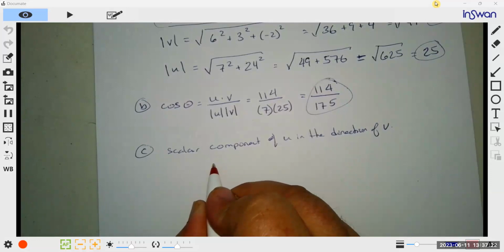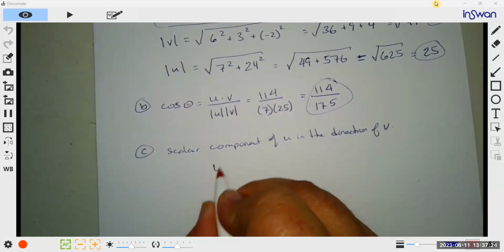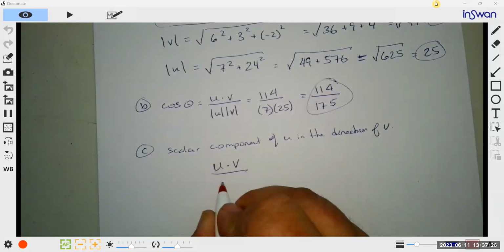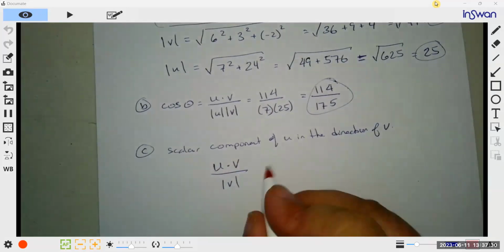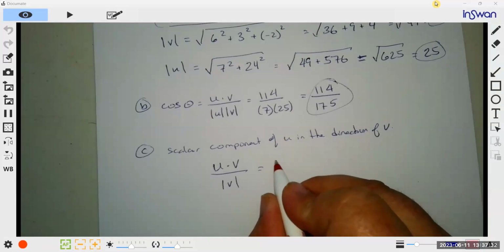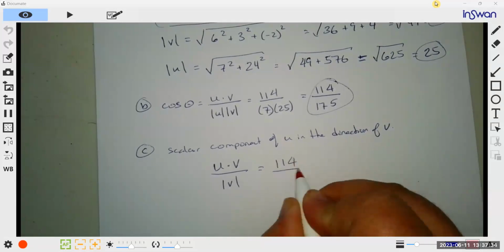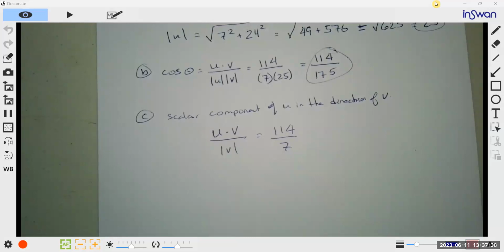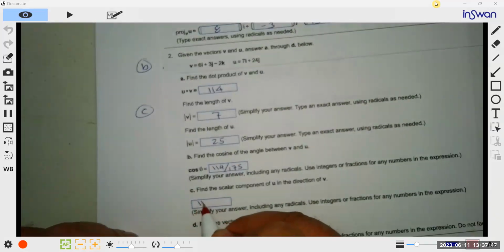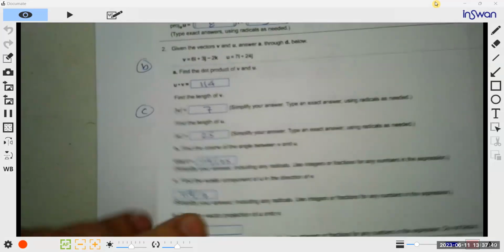That formula is u dot v over the magnitude of v. So it's 114 over 7.